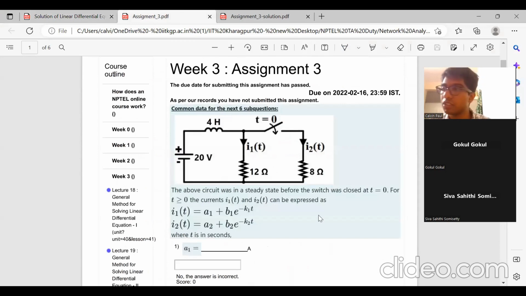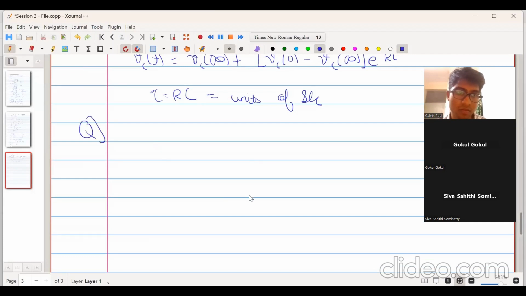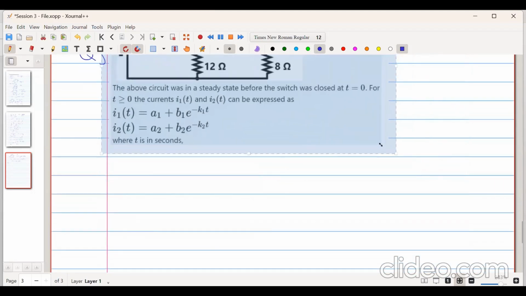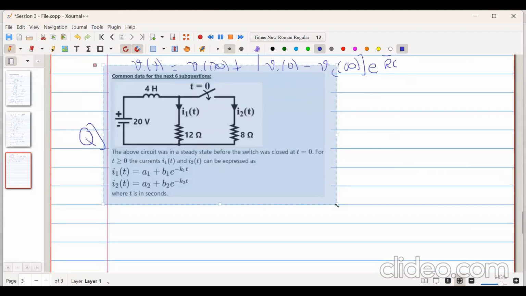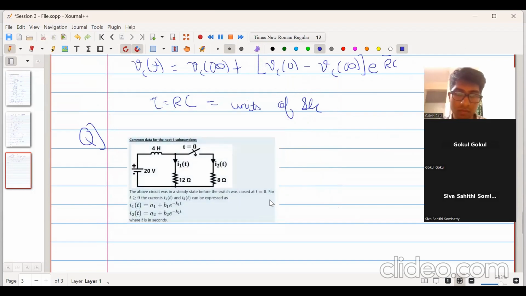So now we will solve this question. There is a DC voltage source, there's an inductor, there's a resistor like this.